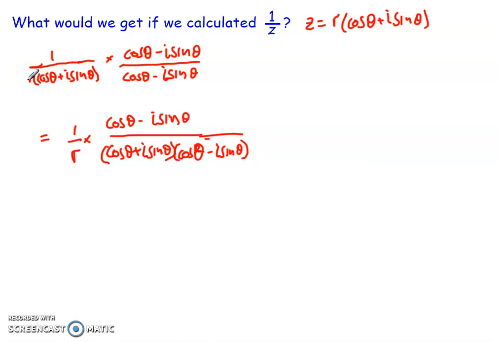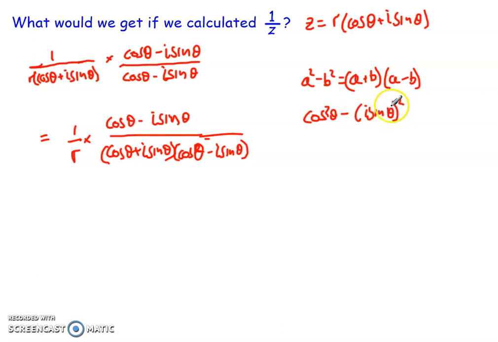Now, if I was to then multiply this out, so cos theta plus i sine theta times that, remember, a squared minus b squared is equal to a plus b, a minus b. And in this case, my a is cos theta, and my b is the i sine theta. So I'd have cos squared theta minus i sine theta all squared.